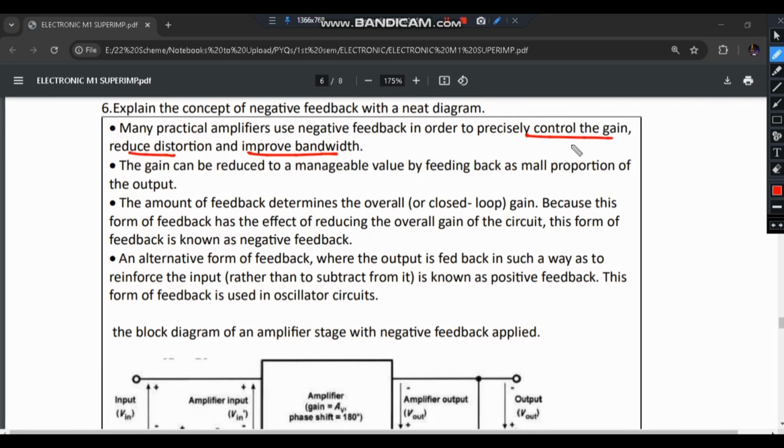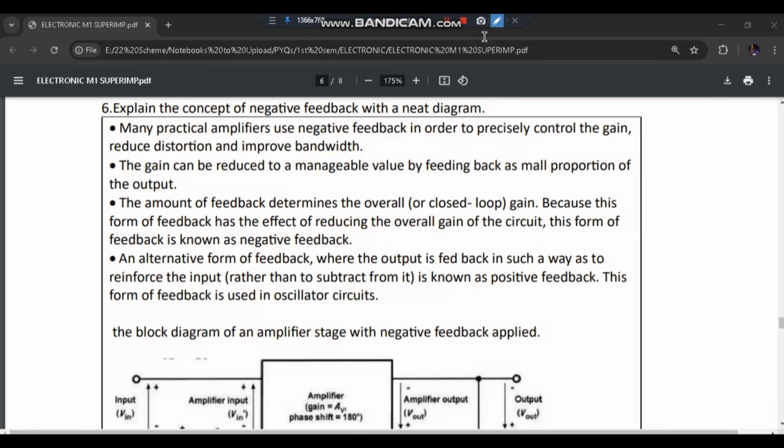How much current is passed can be controlled, and how much output we get based on the input can be reduced to a manageable value. If there is a lot of feedback which we don't want, we can reduce it using negative feedback, and if you want to increase it, we can use positive feedback.